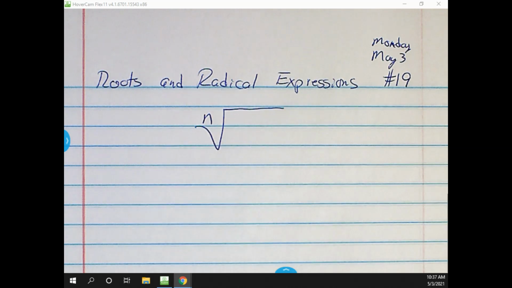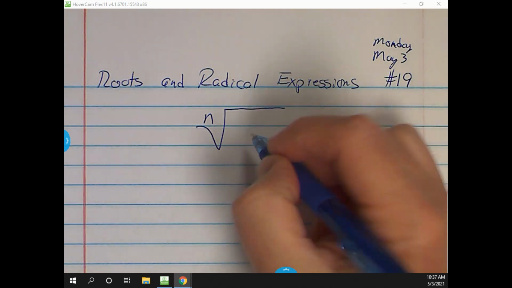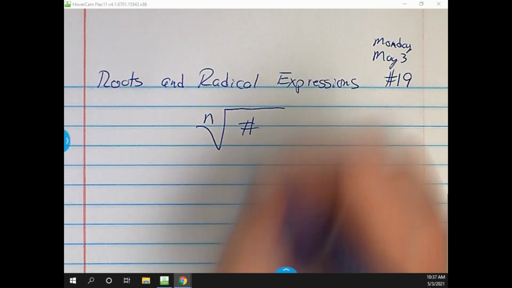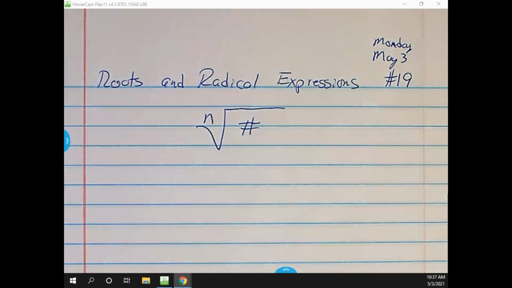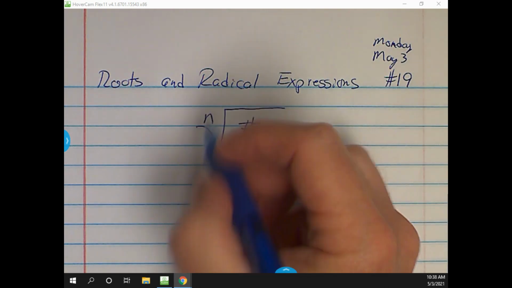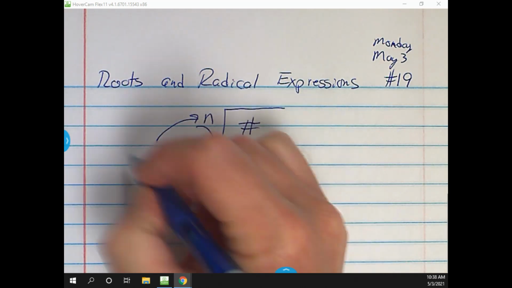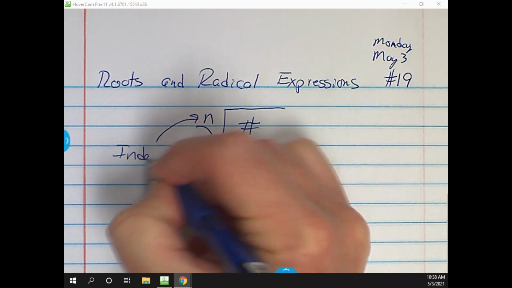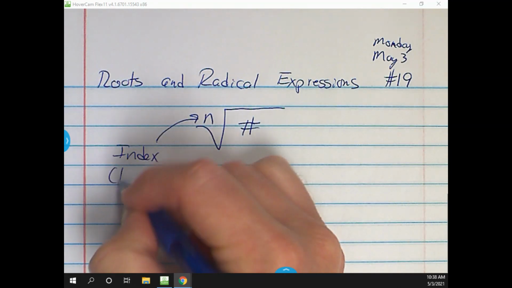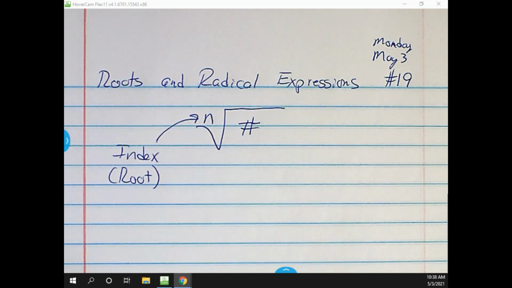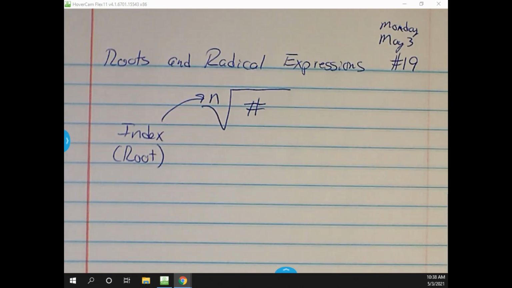When we're talking about radicals, we're talking about, again, just keeping it as general as we can, that when we're going through these, the number that's at the top inside the corner of this radical, they call that the index. And most of the time, though, we call that the root. So they kind of flip-flop back and forth between calling it the index or the root.